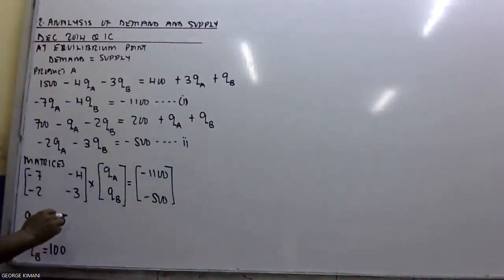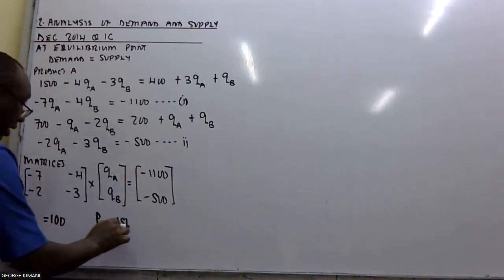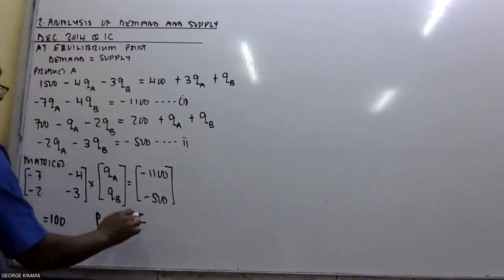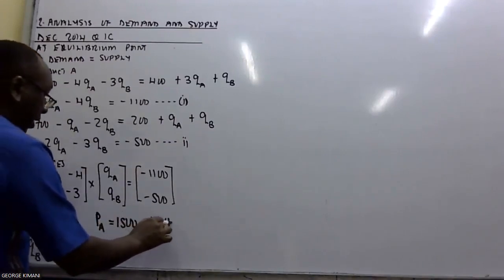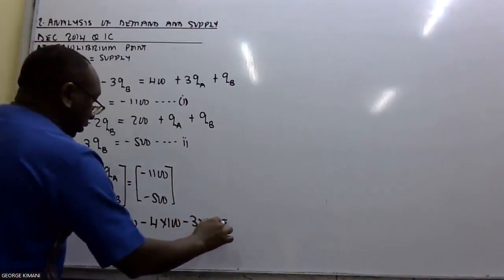Then if you have gotten that, then the price of A, take note of this, you check it out. The price of A, you now take this equation for A, which is 1500 minus 4 times 100 minus 3 times 100.